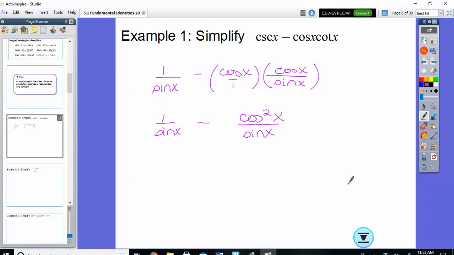Now, in order to add or subtract fractions, what do you always have to have? Common denominator. We have one, so we can put them together into one big fraction. So that's 1 minus cosine squared x over sine x.